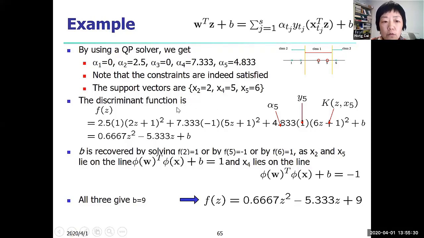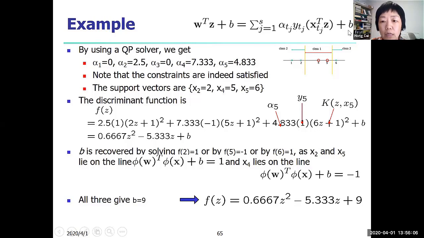So now, after finding alphas, we can actually work out our discrimination function, which I called the decision function before. Here, given a new example, how we're going to classify it. So we use this formula, and we plug in what we have received from our quadratic programming solver. We have 3 alphas that are not 0, so those are the 3 terms that we have here.